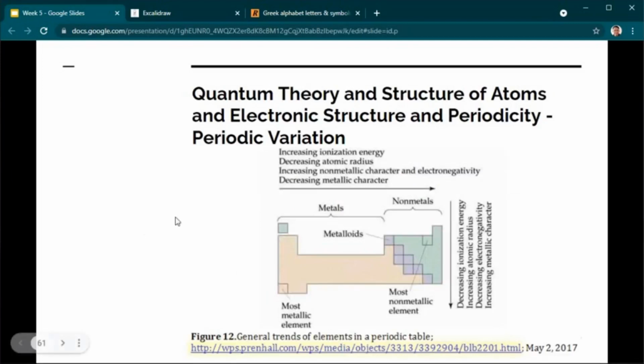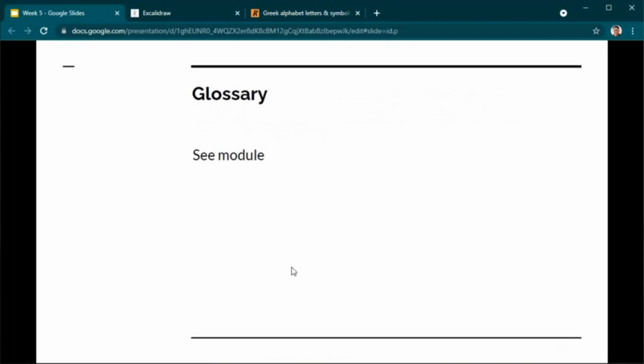Ionization energy increases left to right, atomic radius decreases left to right, nonmetallic character and electronegativity increase left to right, metallic character decreases left to right, ionization energy decreases top to bottom, atomic radius increases top to bottom, electronegativity decreases top to bottom, then metallic character increases from top to bottom.